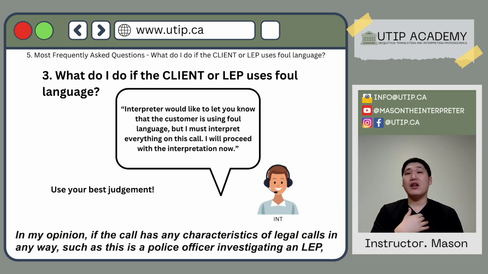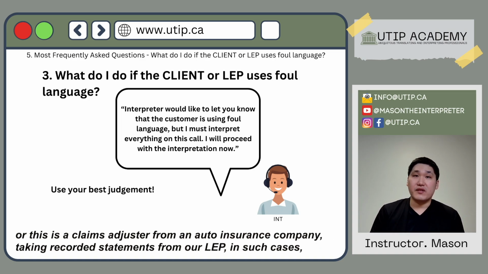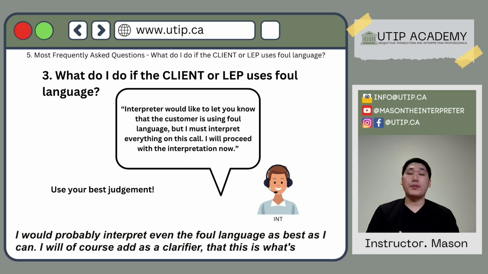In my opinion, if the call has any characteristics of legal calls in any way, such as this is a police officer investigating an LEP, or this is a claims adjuster from an auto insurance company taking recorded statements from our LEP, in such cases, I would probably interpret even the foul language as best as I can.